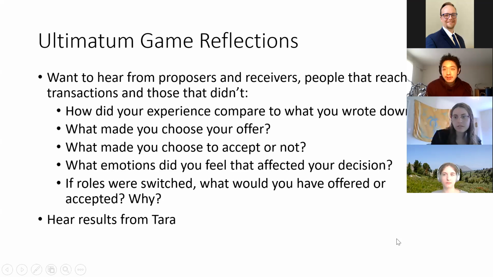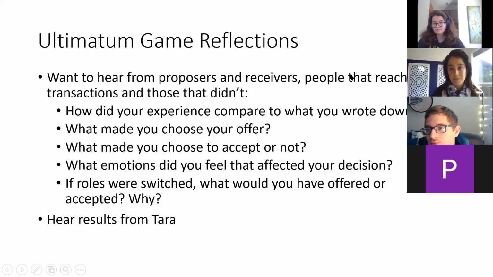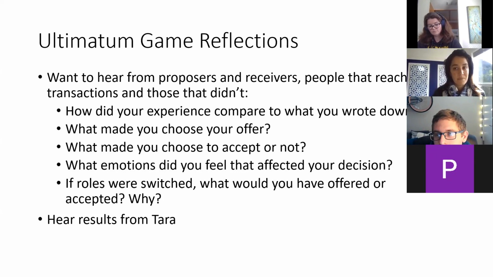I know for my predictions, I said that transactions are going to happen because people want any extra credit. Because I was a receiver, I was going to take whatever he had to offer, since they had all the 10 extra credit points and anything is better than nothing.